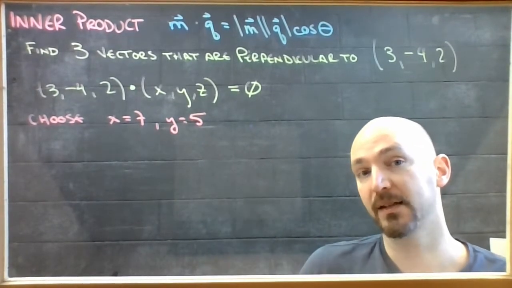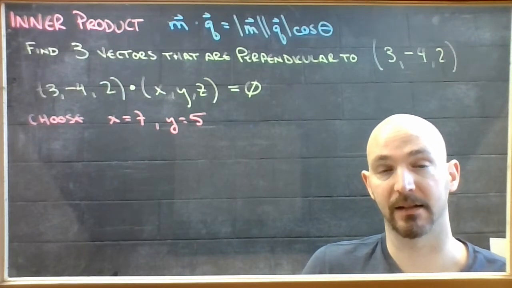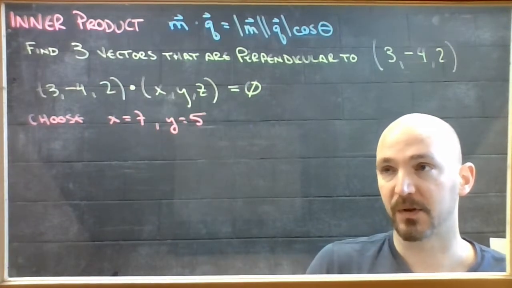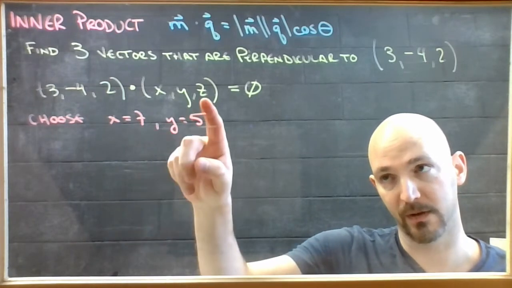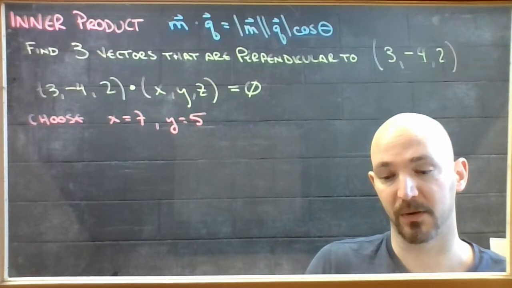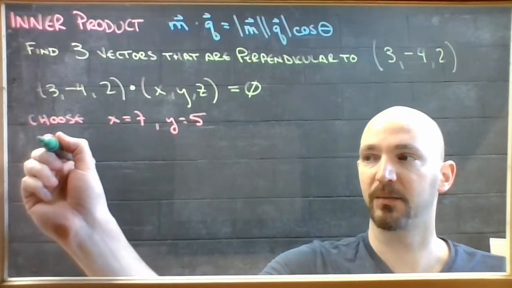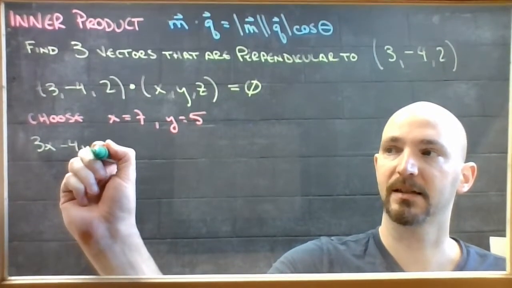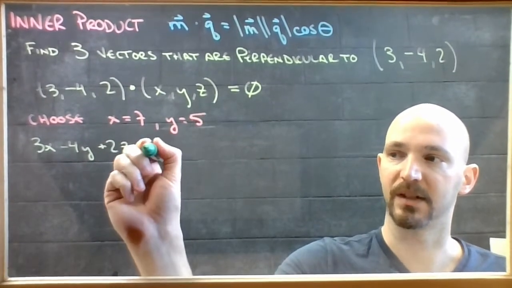Why did I pick these numbers? For absolutely no reason. I just chose them because I can. So I'm going to do this dot product with those 2 numbers filled in, and then use the mess that I make to figure out what z would have to be so that these 2 vectors are perpendicular. So the dot product: 3 times x, that would be 3x, minus 4 times y, plus 2 times z, equals 0.